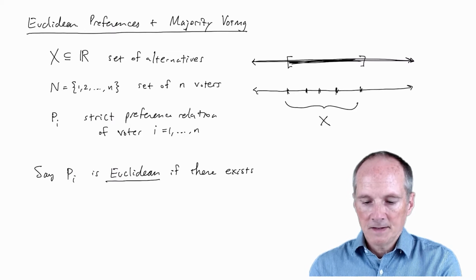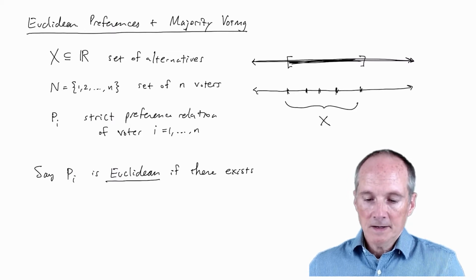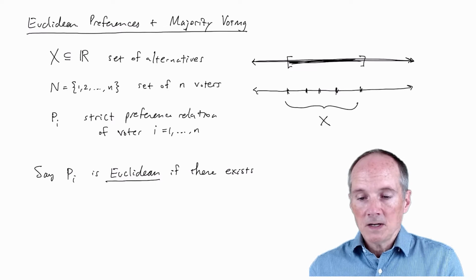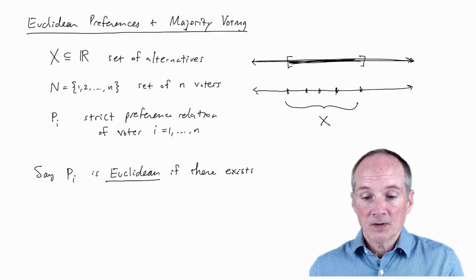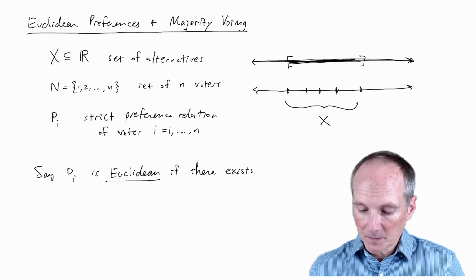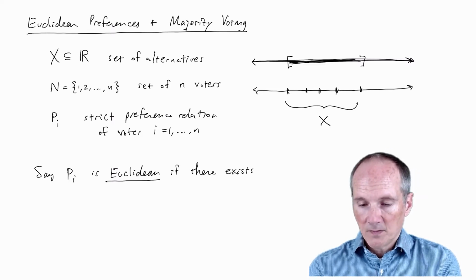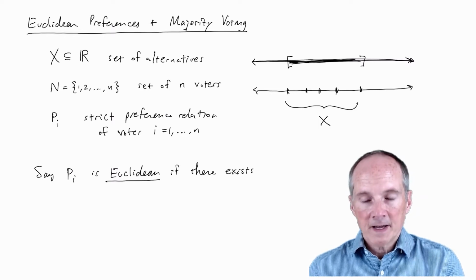We call that the ideal point of the voter. And then when comparing any two alternatives, the voter just prefers whichever one is closer to that ideal point. So you have a favorite policy or alternative, and you just want things as close to that as possible.